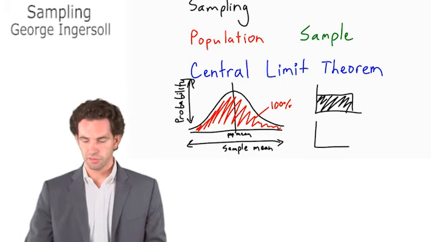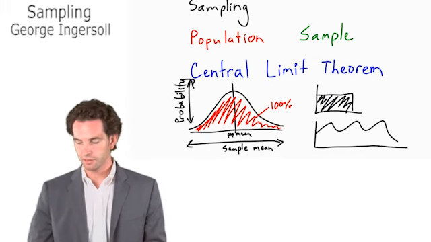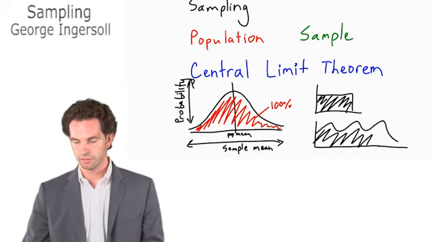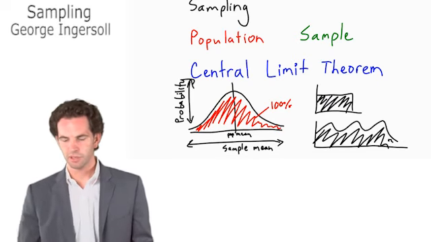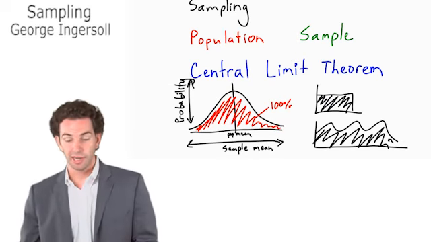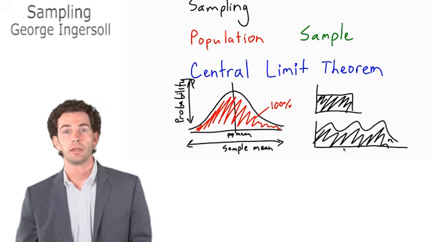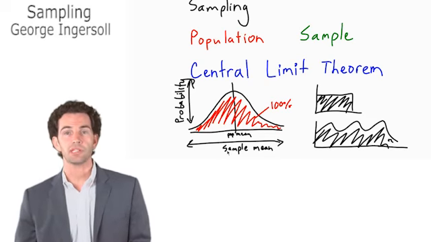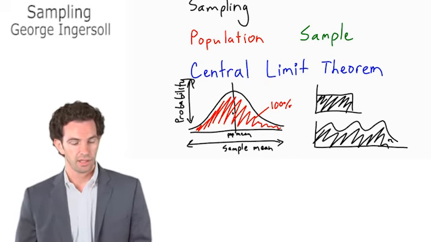The probability distribution for the population could look like this. It could be something totally bizarre. But both of these are going to have a mean. And when you take the sample mean, the distribution for those sample means is going to be normally shaped.